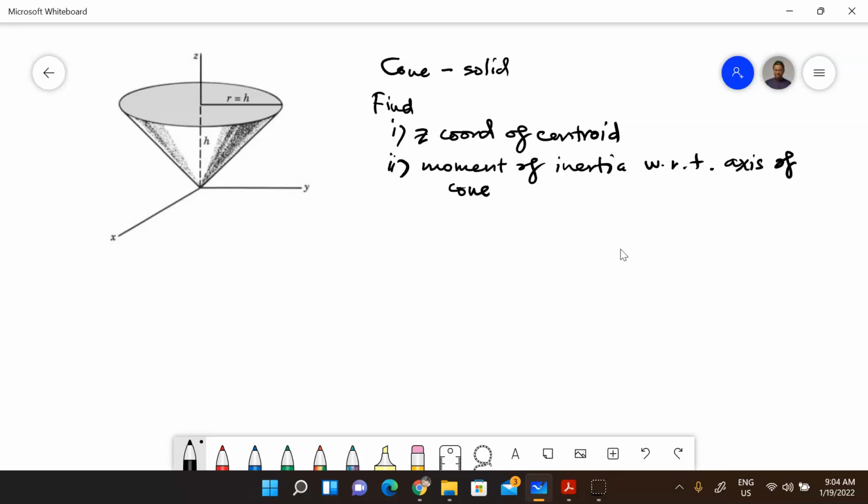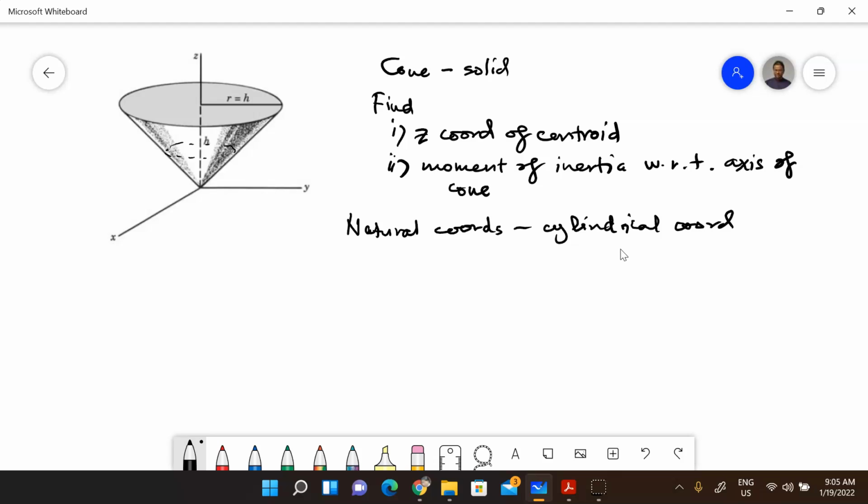Of course, naturally, if you look at this particular figure, the natural coordinates are going to be your cylindrical coordinates, because essentially you have your z-axis playing the role of the height of material inside the cone until its height h. h is a constant given here.